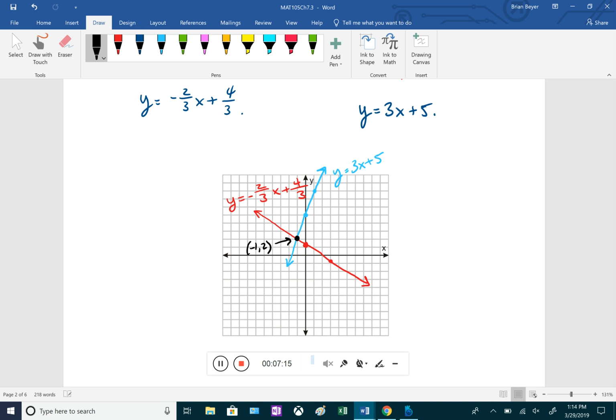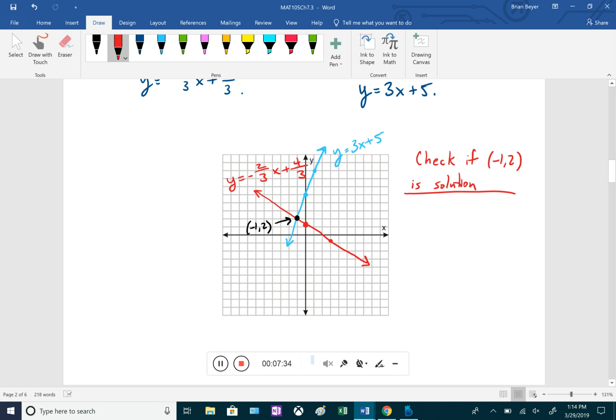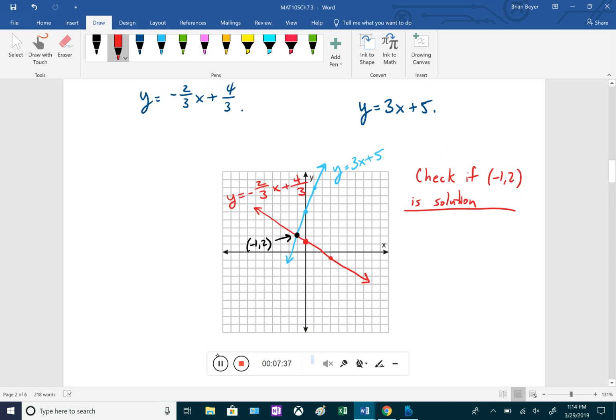So we're going to check that to make sure that that does work. So we're going to check to see if negative 1, 2 is a solution. So we're going to plug it in both of the equations. So y equals negative 2/3 x plus 4/3.